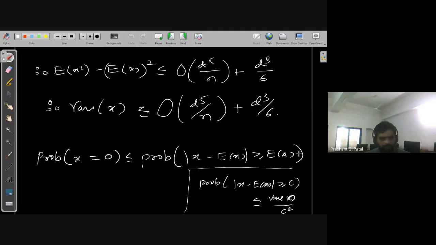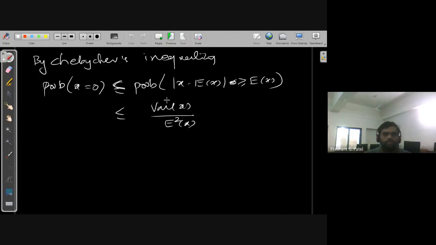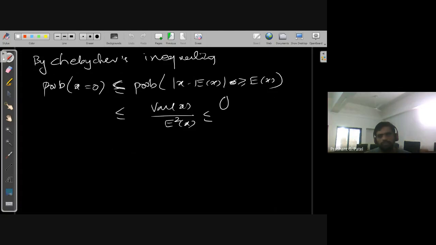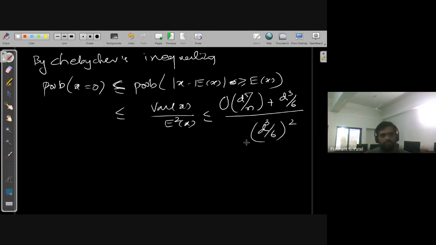C square is the square of expectation of x. We already calculated the variance of x: it is big O of d raised to 5 by n plus d cube by 6, upon the expectation, which we also calculated as d cube by 6, and its square.